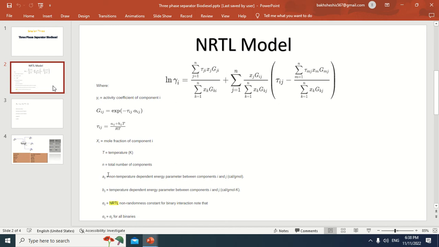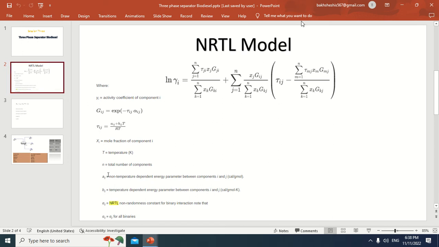The 5 adjustable parameters for the NRTL equation in HYSYS are the AIJ, AJI, BIJ, and BJI terms. Due to the mathematical structure of the NRTL equation, it can produce multiple miscibility gaps. The NRTL equation in HYSYS has the following form.